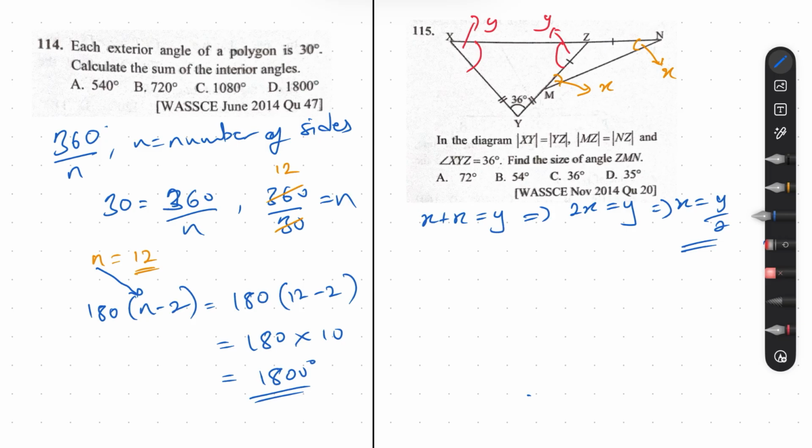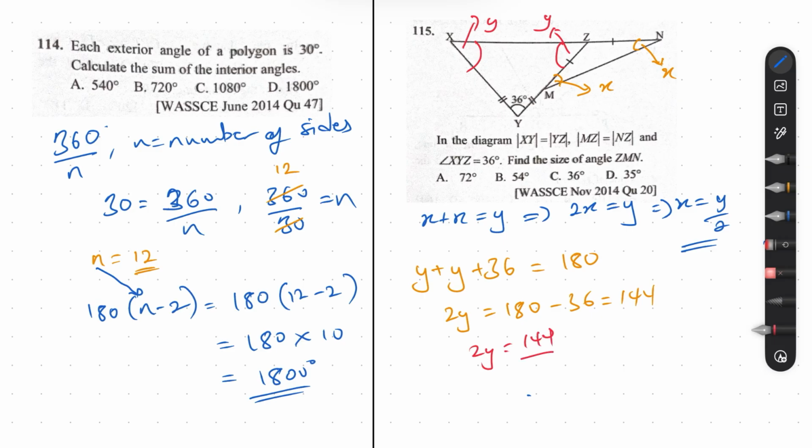Now let's try to find the value of y. How do you find the value of y? When we add the angles in this triangle, we should get 180, right? So that means y plus 36 should give us 180. Now what we can do is we have 2y equals 180 minus 36, which equals 144.